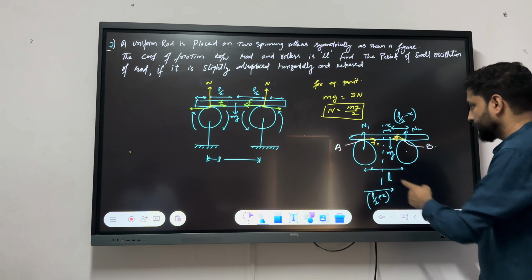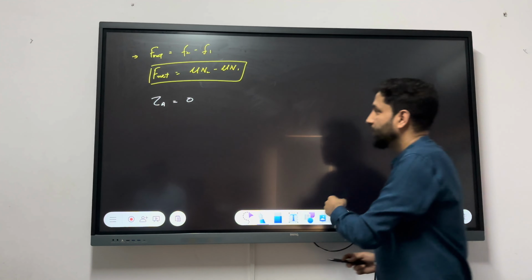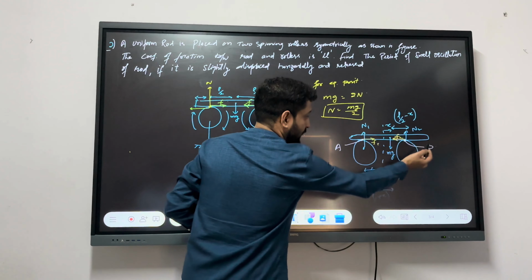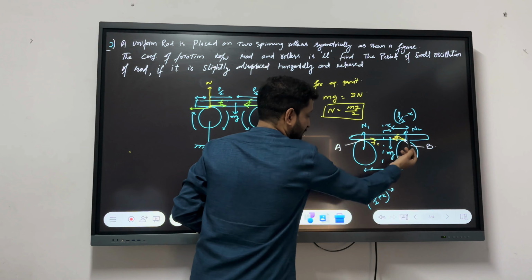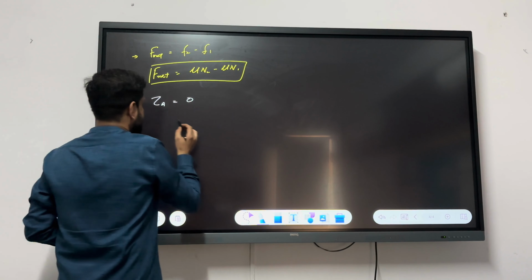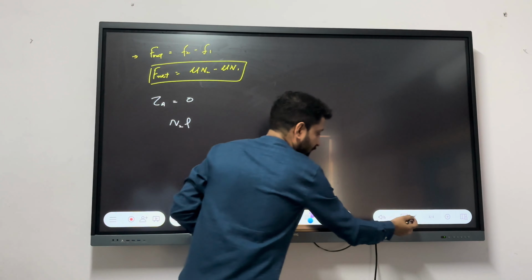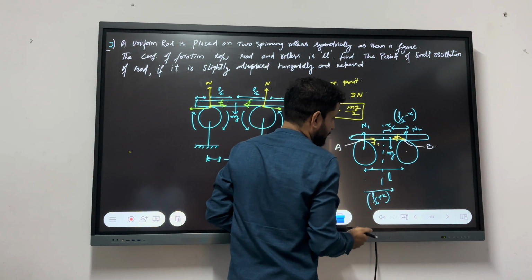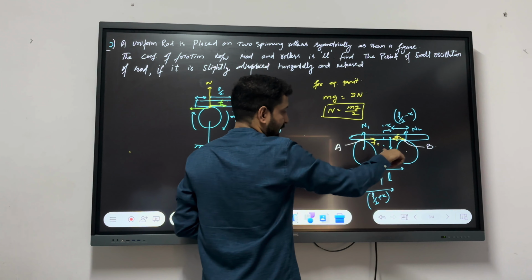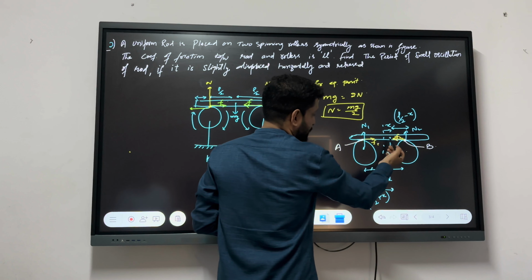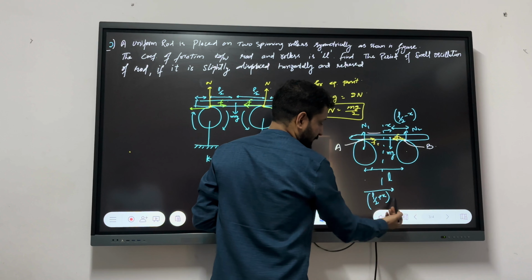Start with point A. Torque about A is N2 into this length, that's L, so N2 into L, in the forward direction, and for mg it's mg in the inward direction, and this distance is L by 2 plus x.